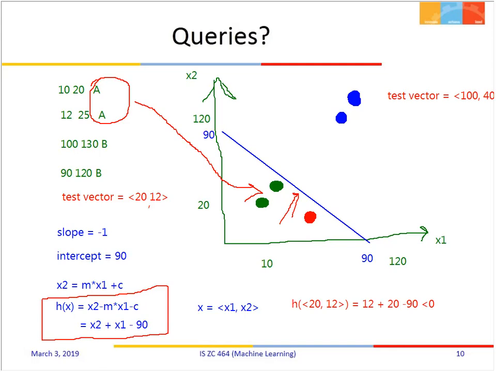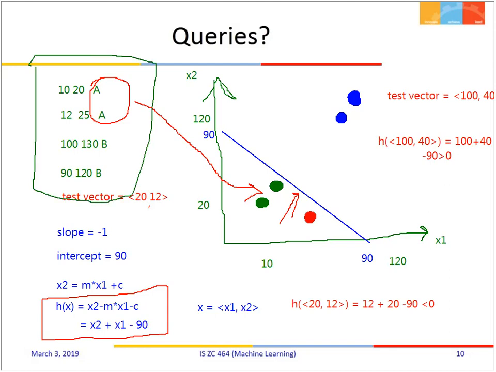Now if I have the data which I just plotted, the training data, I'm marking the training data using this green color line. This is the training data.